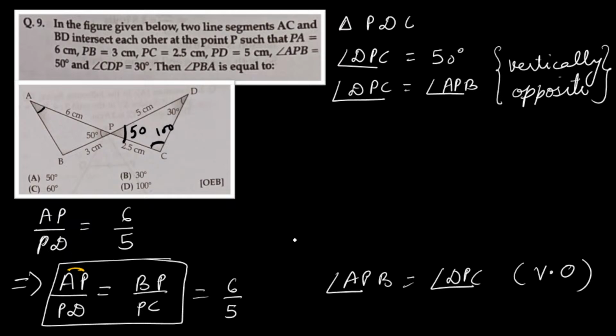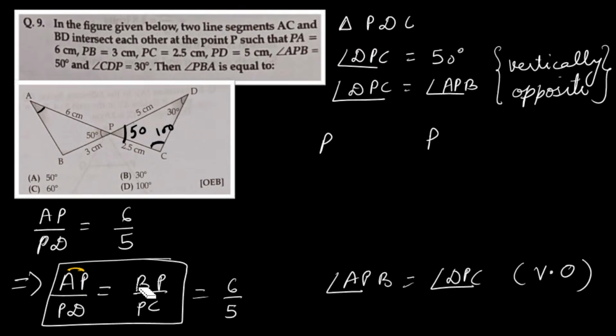If we are proving also, P is common, AP and BP, PD and PC. So AP's corresponding side is PD.